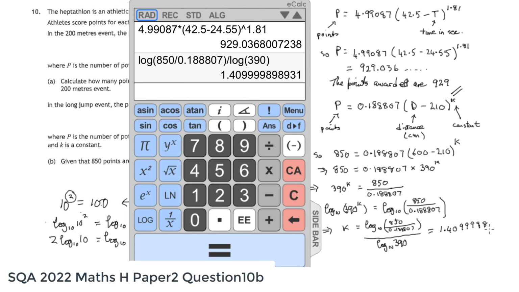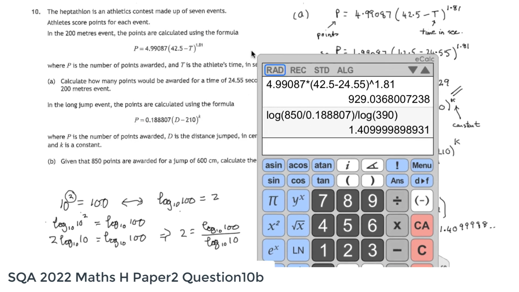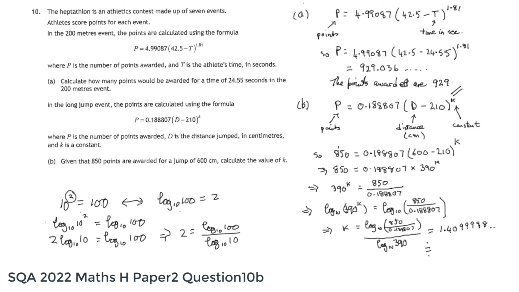It's 1.40999998 and so on. Now, usually you're told when you approximate in a question to look at the data that you're already given, and I'm given something that's correct up to 6 decimal places. Maybe I should round this to 6 decimal places and chop that 8 off, in which case all of this would become 10000.